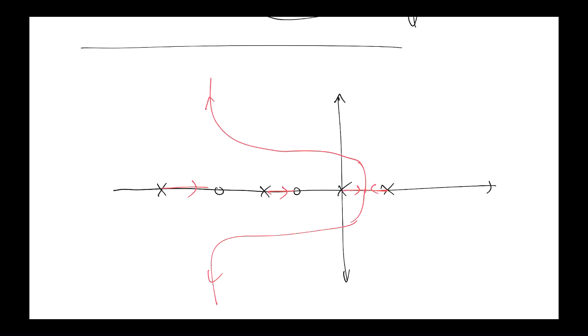For high gain, what we get in this situation is always 4 closed loop poles. We're getting 1 here, 1 here, 1 here, and 1 here. For small gain, we're getting 1 in each of the starting locations. But for high gain, we end up with 1 here, 1 here, 1 here, and 1 here.